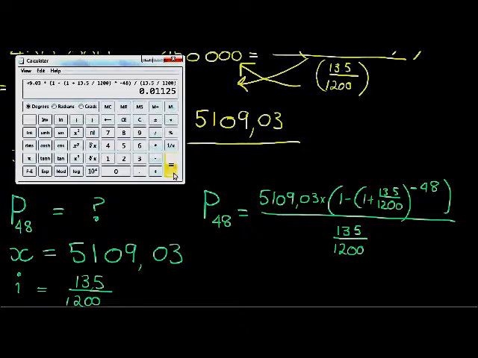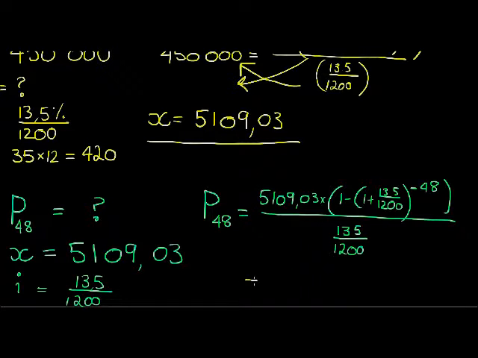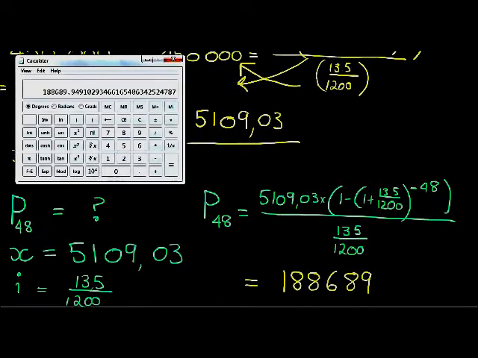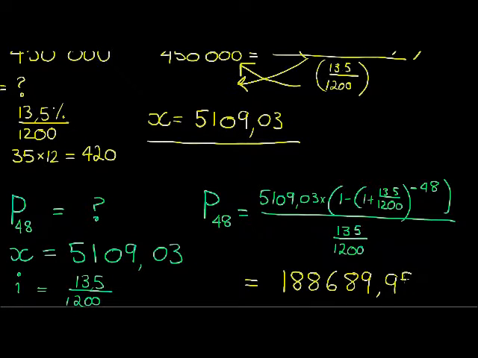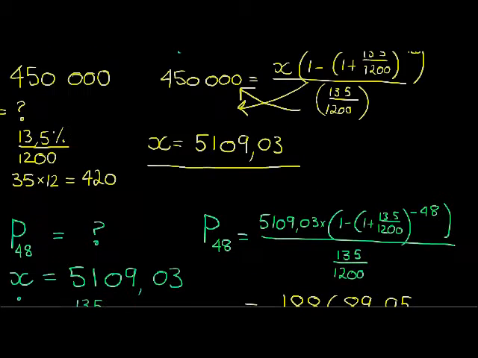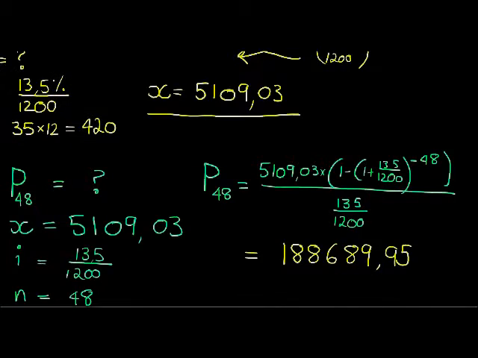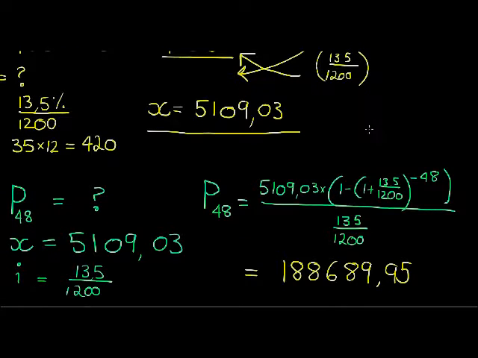And that gives me an answer of, there we go, 188,689 still remaining. Okay, that's how much I'm still owing: 188,689 and 95 cents. Okay, so of 450,000 rand, after paying for 31 years, you are still owing almost 190,000.